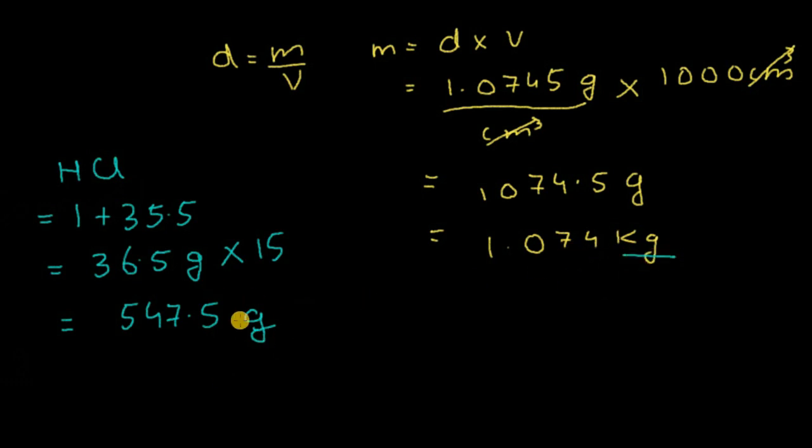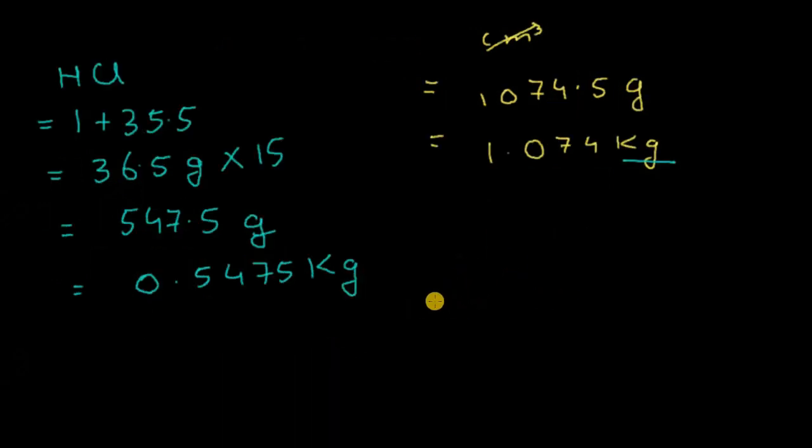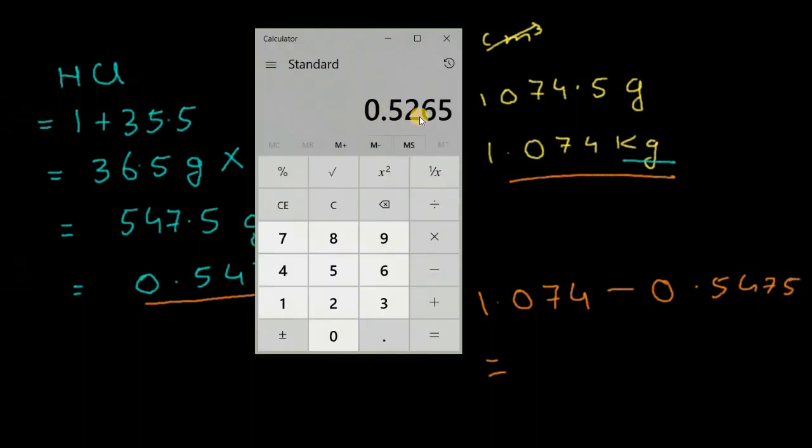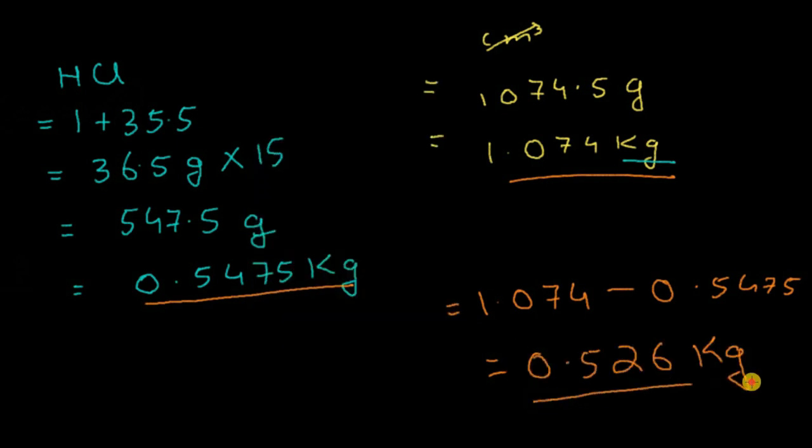It won't work out. We want to convert grams into kilograms, so it will be simply into 10 raised to minus 3, or 0.5475 kilograms. So now the mass of the solvent is equal to the mass of the solution, which is 1.074, minus the mass of the solute, which is 0.5475, which is equal to 0.5265, 0.526. So this is the mass of the solvent.